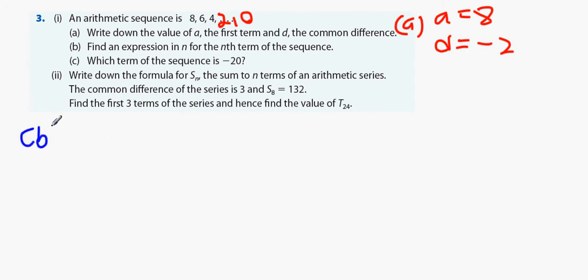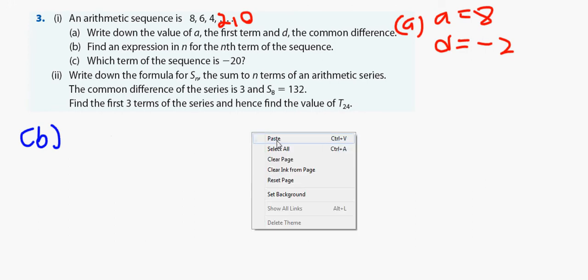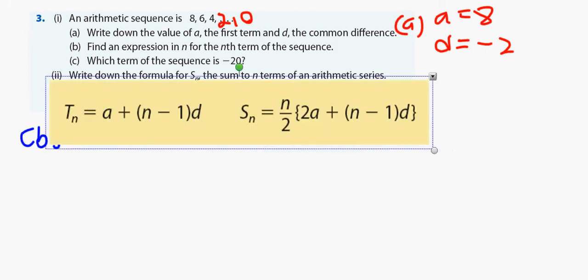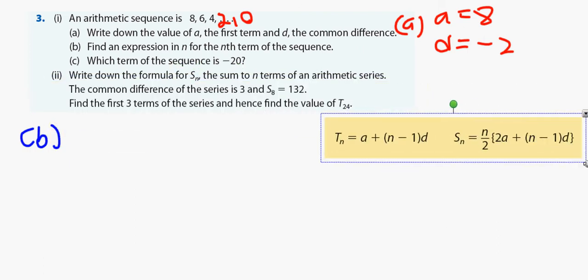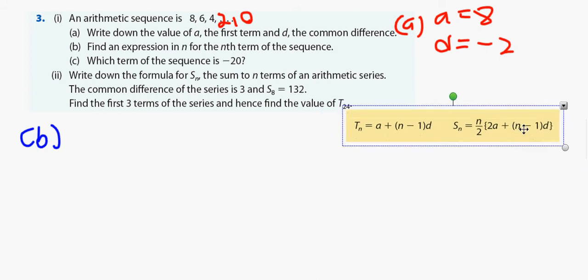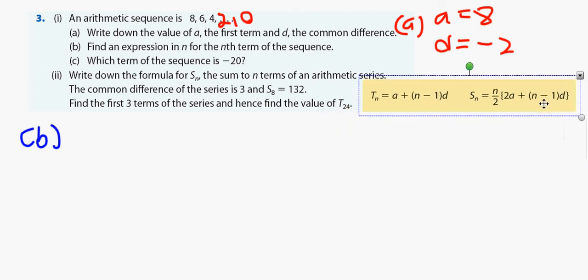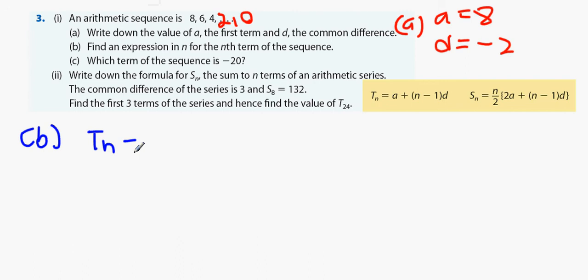Find the expression for the nth term of the sequence. We take our formula, and what we're looking for is Tn, the nth term of the sequence. So Tn equals A plus n minus 1 times D. A is 8, plus n minus 1 multiplied by the common difference, which is minus 2.